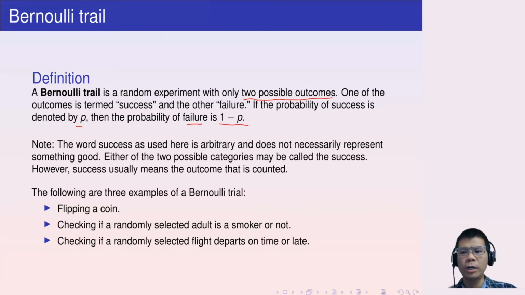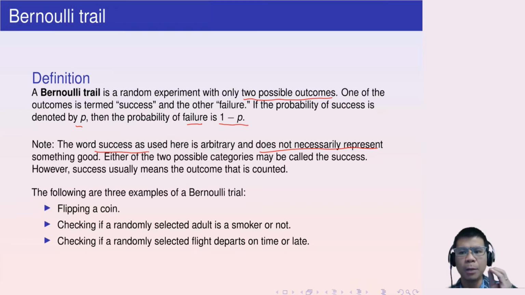One thing you have to be careful about is that the word success in the definition here is arbitrary. It does not necessarily represent something good. For instance, say you go for a screening test for COVID-19.